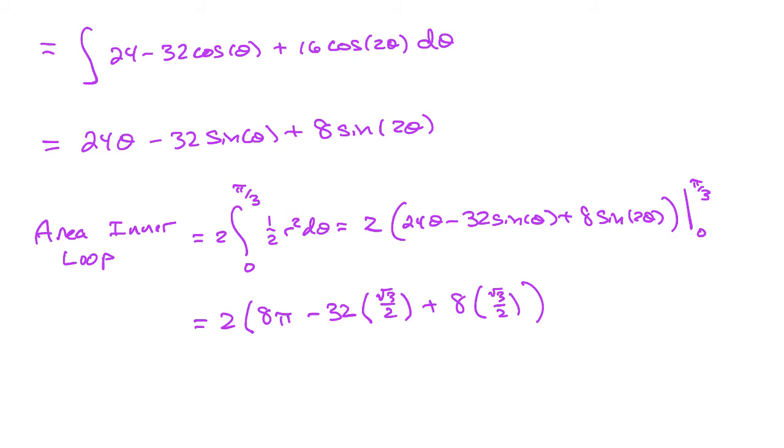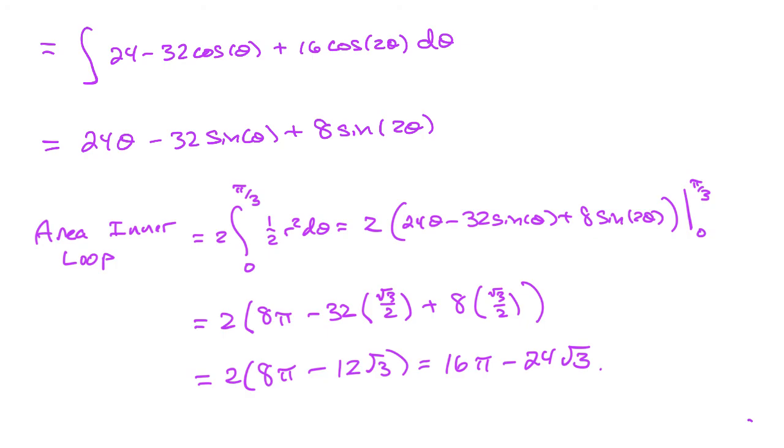If we plug in 0, we have 0 across the board, and so for the area of our inner loop, we're actually going to have 2 times 8 pi minus 12 root 3, or a value of 16 pi minus 24 root 3. So that gives us the area of our inner loop.